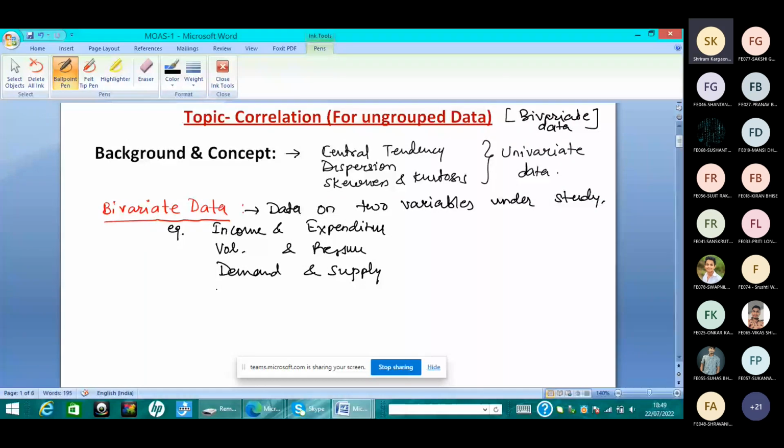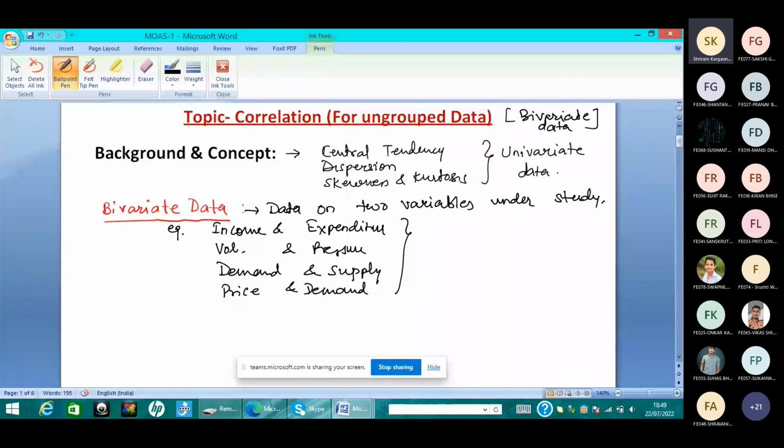In all these examples, we are collecting data on variables which are interrelated and under our study. There must be some relationship existing between them. Such data is called bivariate data.